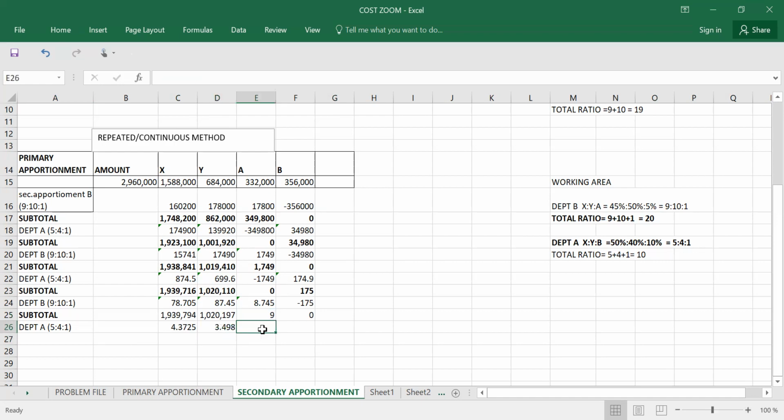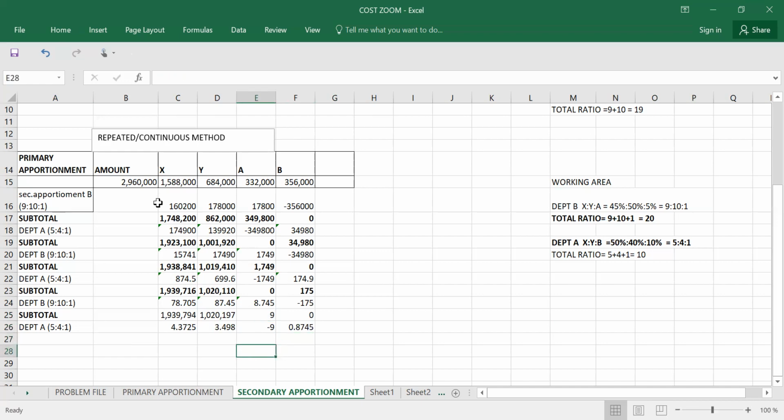Then this one is a negative 9. And then this one is getting 1 divided by 10 times 9, which is equal to that.